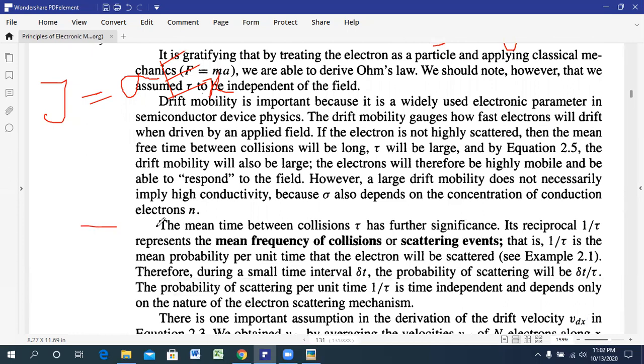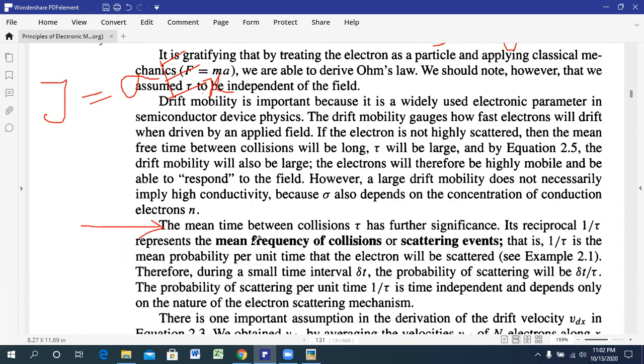Another most important thing is that previously we have learned about the relaxation time, and the reciprocal of this relaxation time tau, that means 1 divided by tau, is known as the mean frequency of the collision or scattering event.